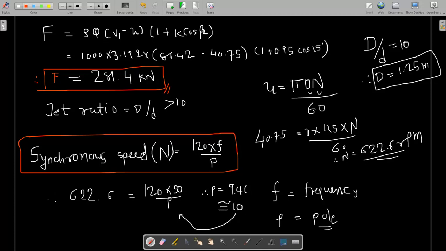Again put this 10 in the synchronous speed equation. So the synchronous speed Ns, okay, here not specific speed. If I write Ns, that means synchronous speed, so I am writing Ng to avoid mistakes, because specific speed also has the notation Ns.